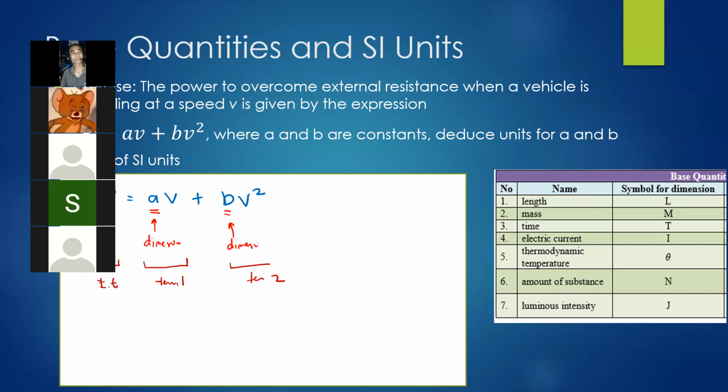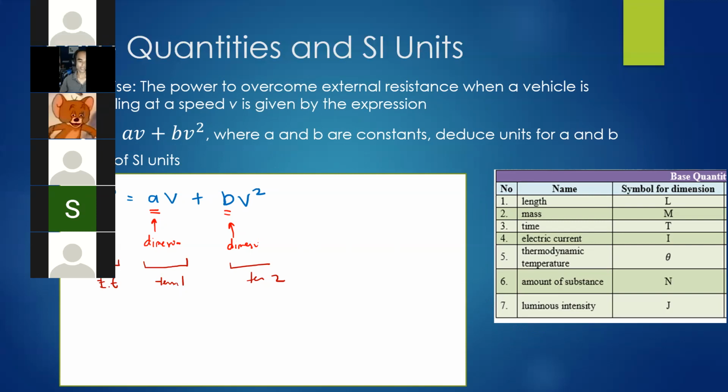Okay, now I'm calling the girl from Sikledang. Wen Yan? Yes. Now tell me what is the dimension of power P? Work over time. Okay, so power is work over time.